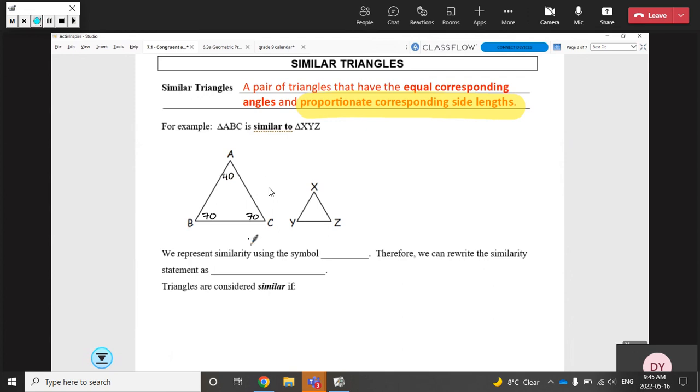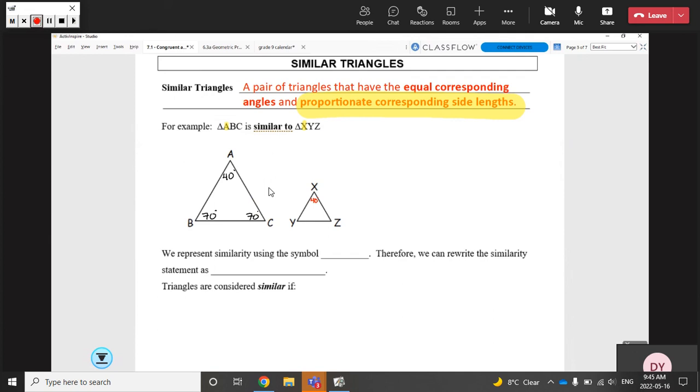Now, in order for triangles to have the exact same shape, the corresponding angles must be equal. So, for example, angle A is 40, which means angle X must also be 40 degrees.